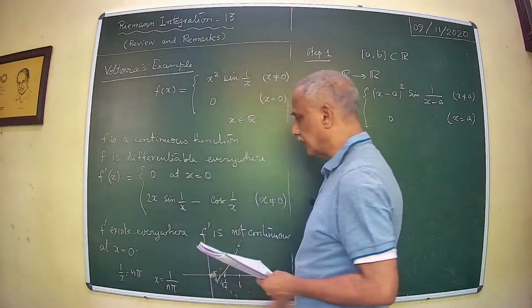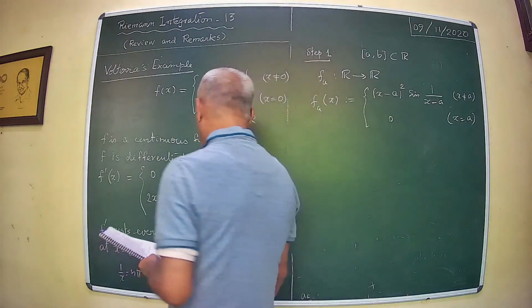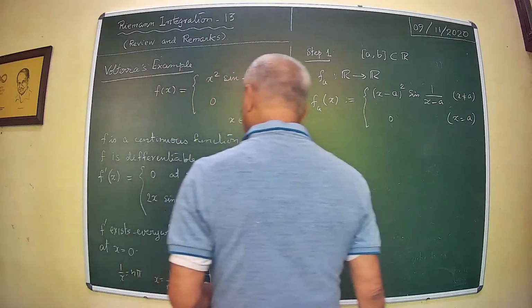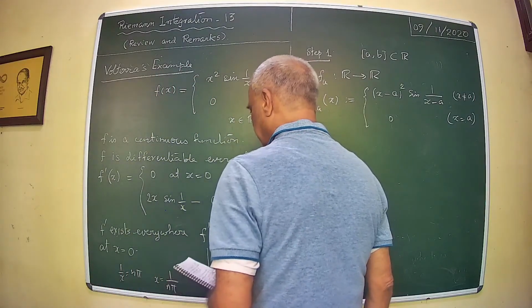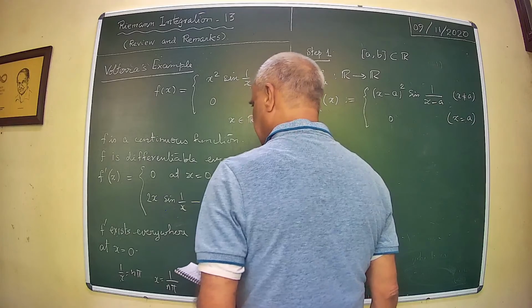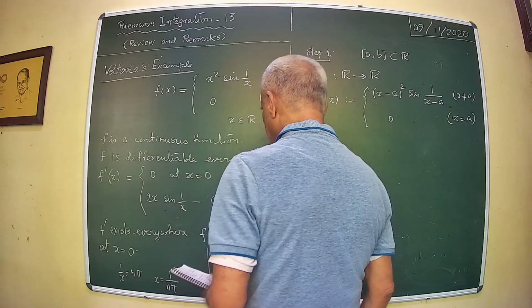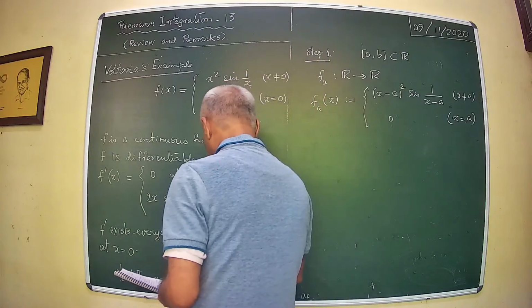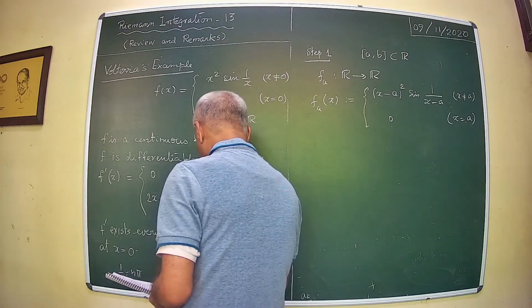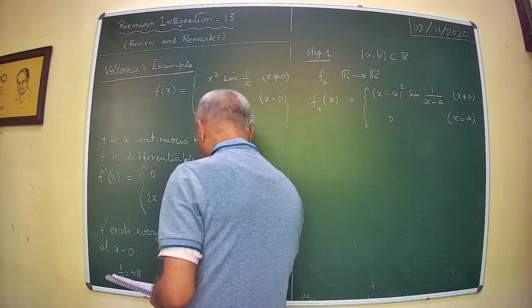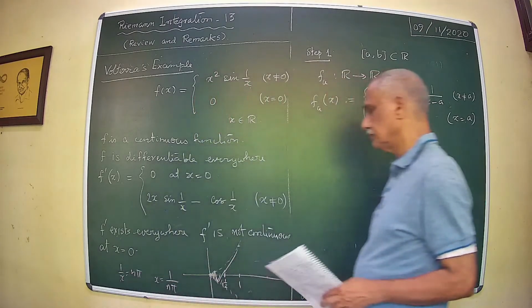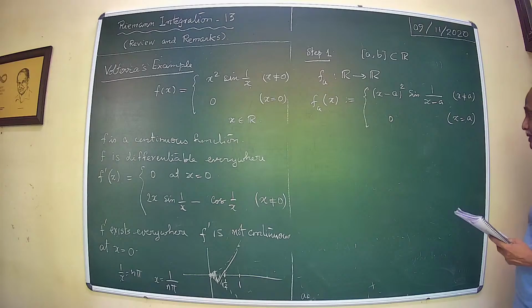Because between n pi and between pi and 1 by pi and infinity, the function is positive. So that you can see something like this and oscillates to the right. So just have a feel for that function.